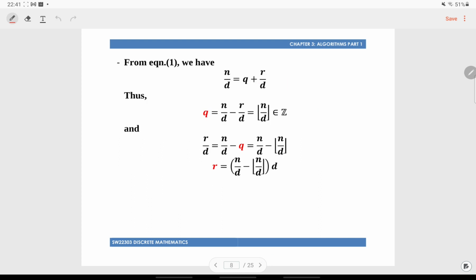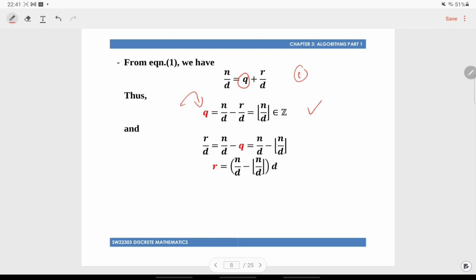Alright, so from equation number 1, when we divide n over d we get q plus r over d. Let's say the question asks you to find q. To find q, we rearrange equation number 1 until we obtain q at the left hand side alone. We put q on the left hand side and everything other than q on the right hand side, so we obtain this equation.